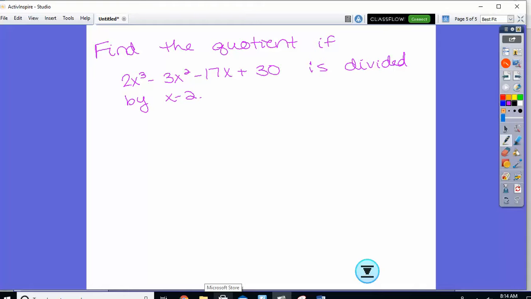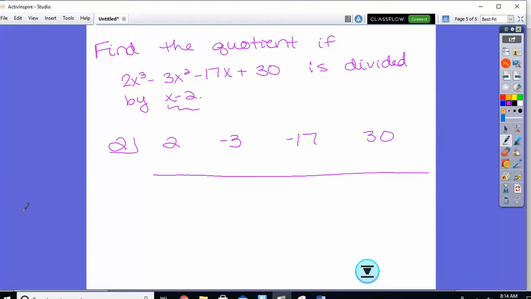What would you do? Divide by 2. What number goes in the box? When it's x minus 2, the number that goes in the box is what makes that 0, so it's just the positive 2. And remember, if we did have missing powers of x, you would have to put zeros.